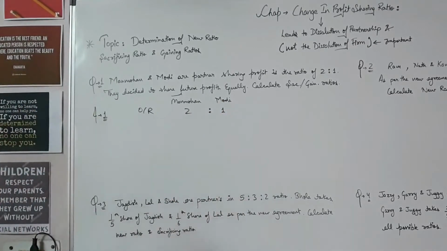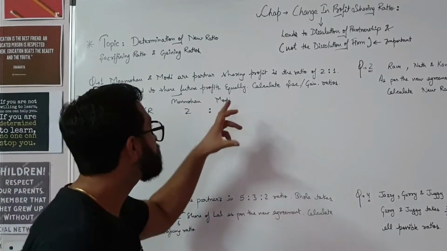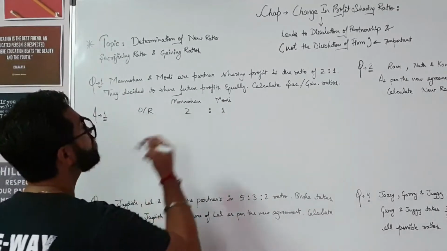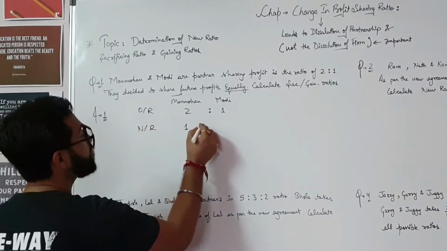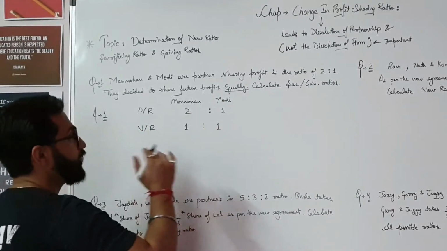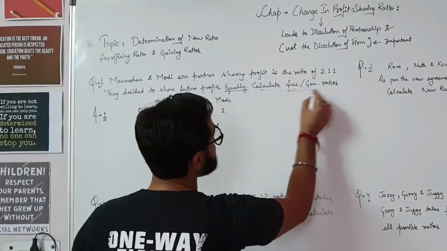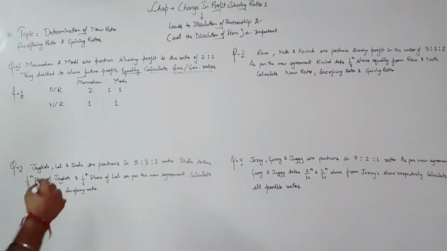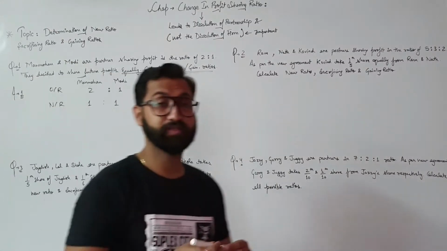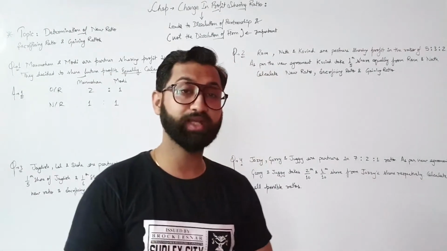They decided to share future profits equally. Means to say the new ratio is 1:1. Now they are saying calculate sacrificing ratio or gaining ratio. What do you mean by sacrificing ratio and what do you mean by gaining ratio?